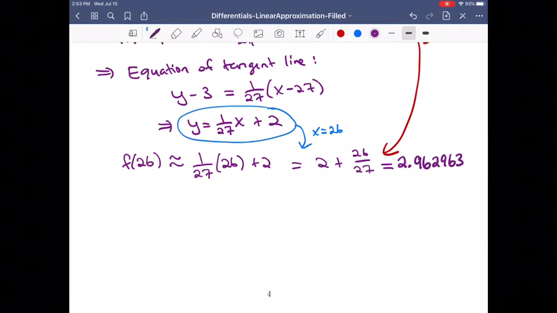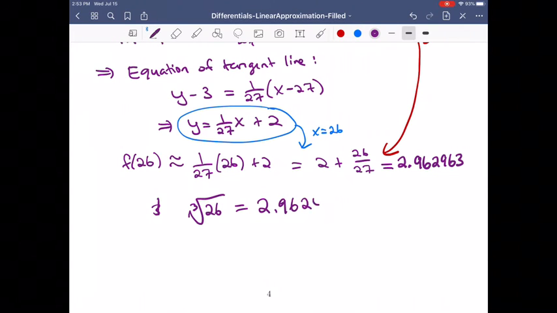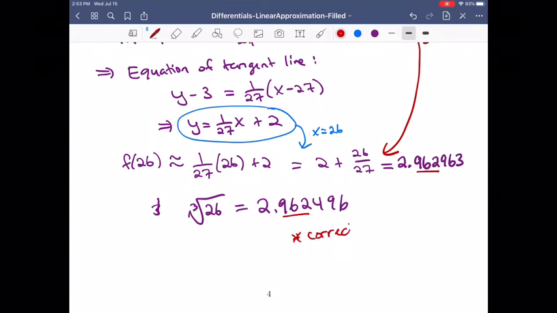And if we actually compute the cube root of 26, let's just do that, it is 2.962496 approximately. So we were right up to 3 decimal places. Our approximation is correct to 3 decimal places.